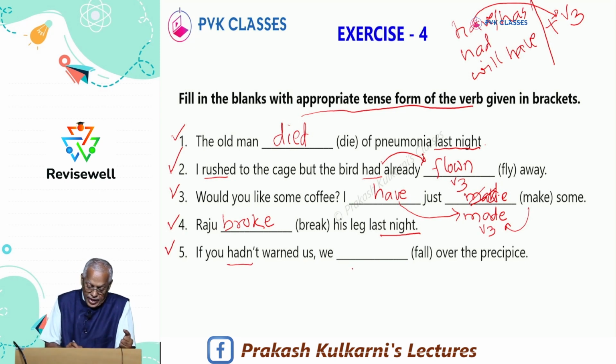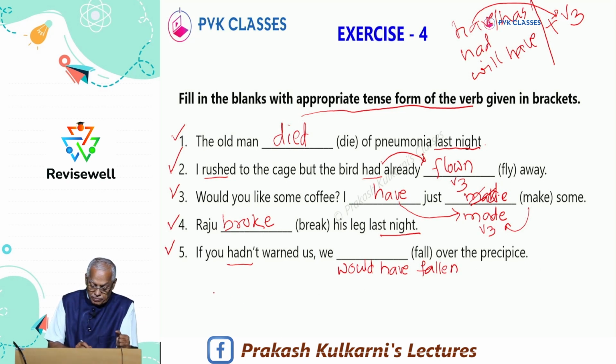We dash fall over the precipice. If you hadn't warned us, we would have fallen over the precipice.